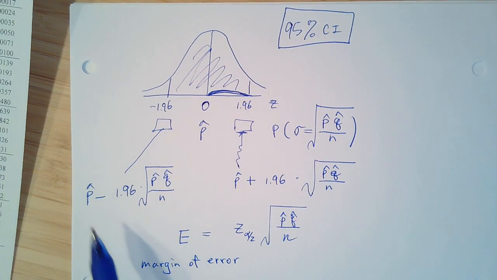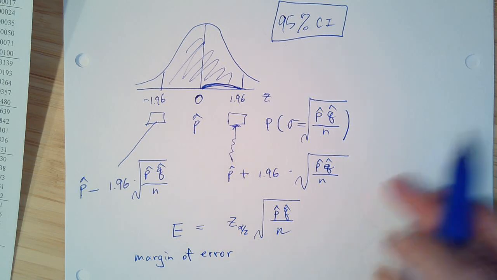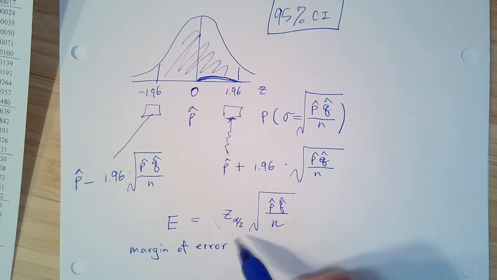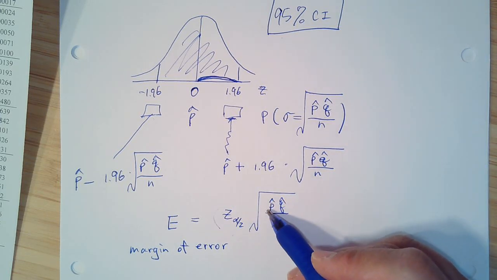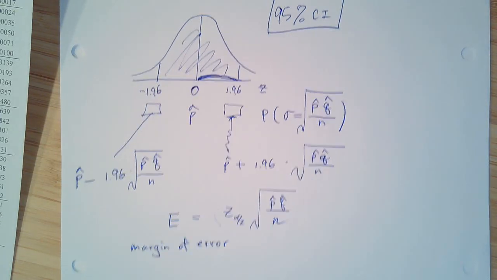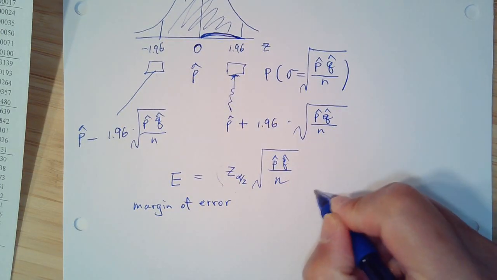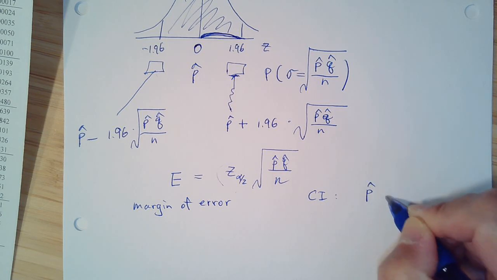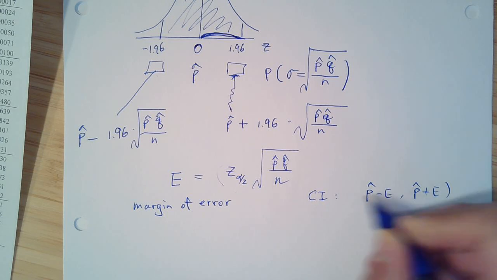So that's going to be p hat plus minus E to get the confidence interval, right? So this is your margin of error, and this is the critical value, depends on your confidence level, and this is the sample proportion, and this is your sample size. Okay, and then the confidence interval will be just p hat minus E and p hat plus E.